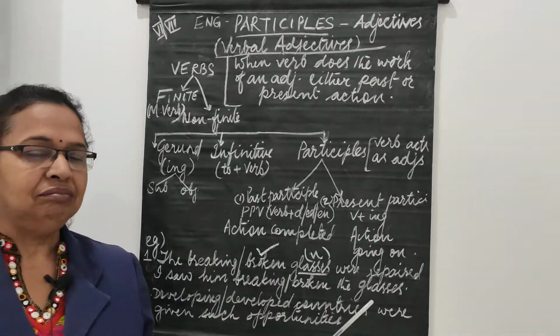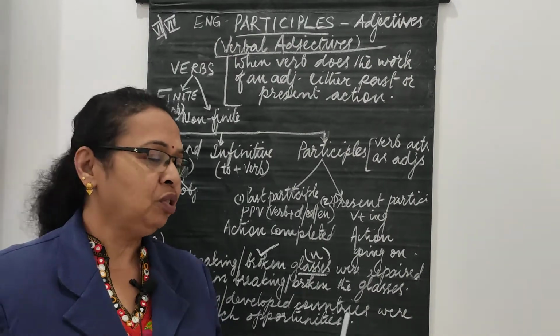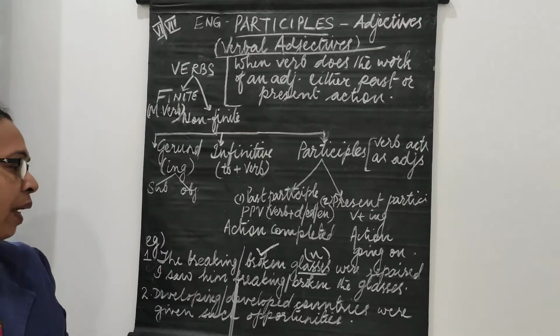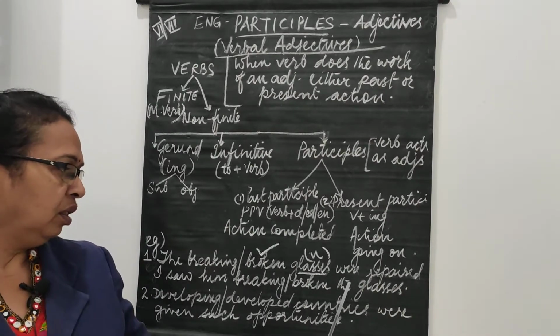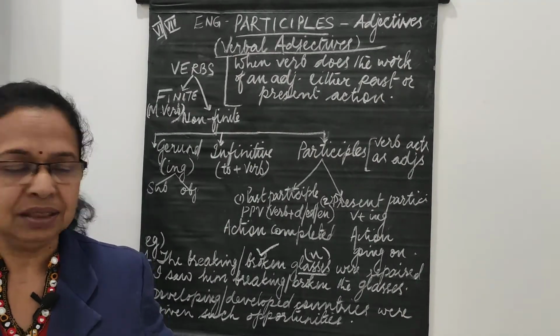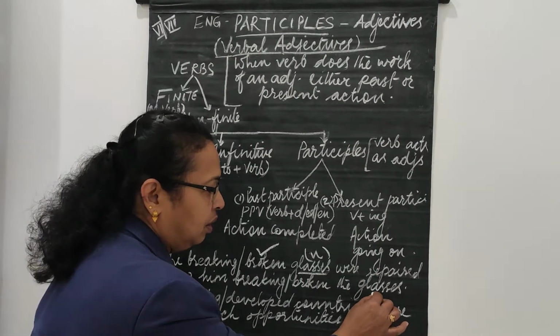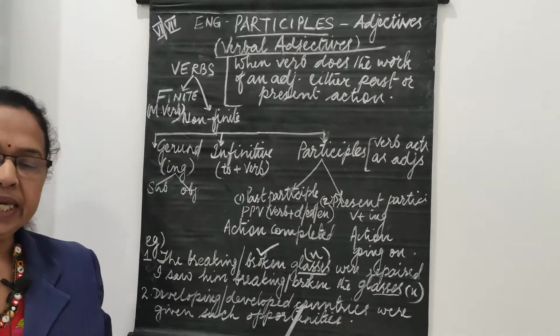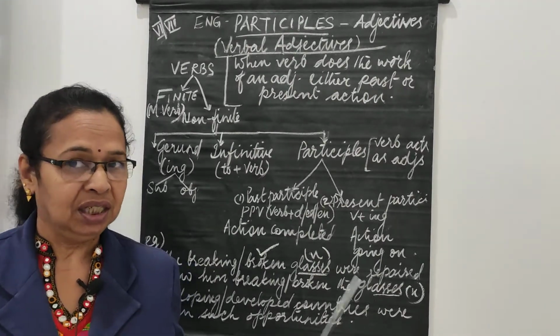Look at the same verb used as an adjective in a different way. I saw him breaking or broken the glasses. Again, glass is a noun over here. I saw him breaking or broken the glasses.